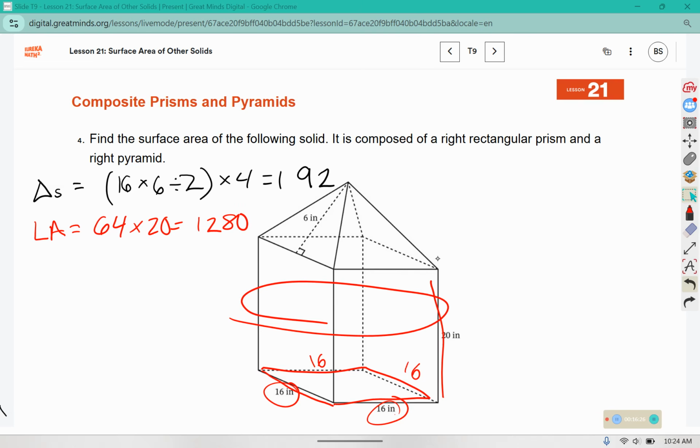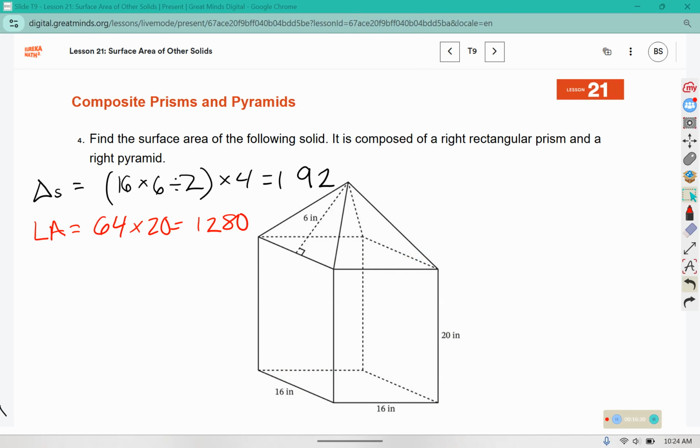And then all we have left is the base itself. And the bottom is a square that is 16 by 16. 16 times 16 is 256.